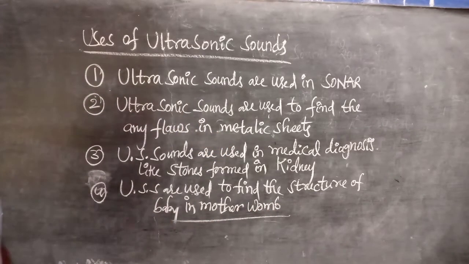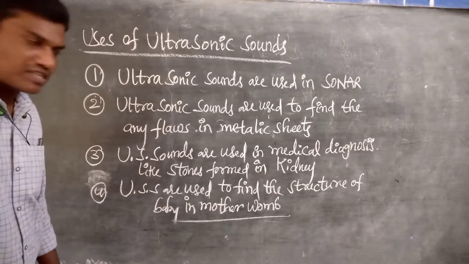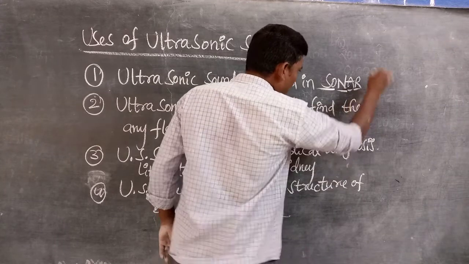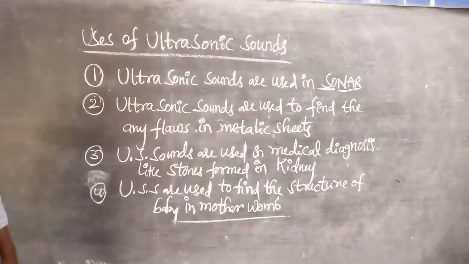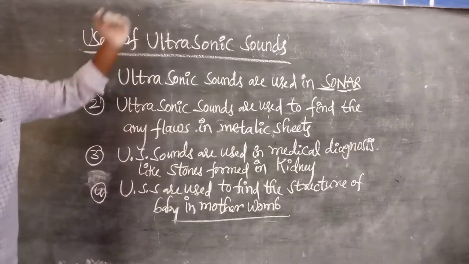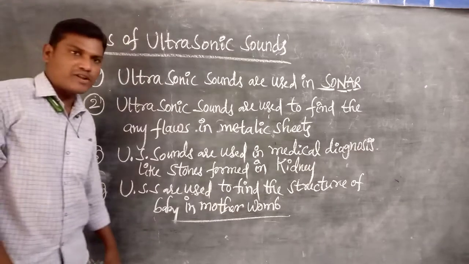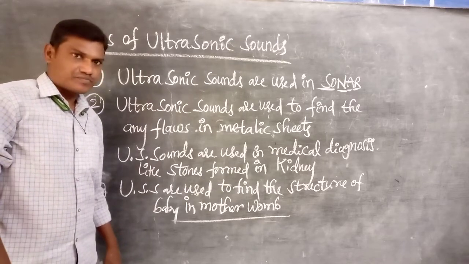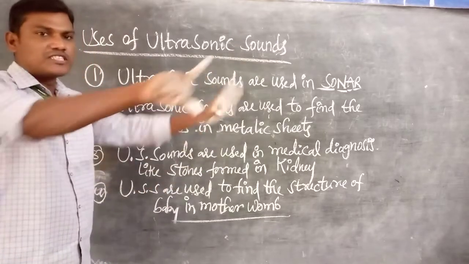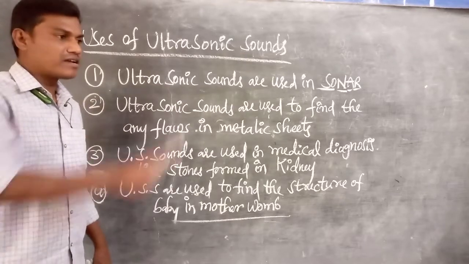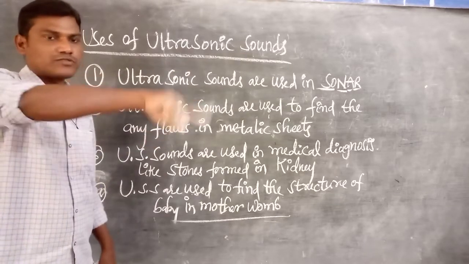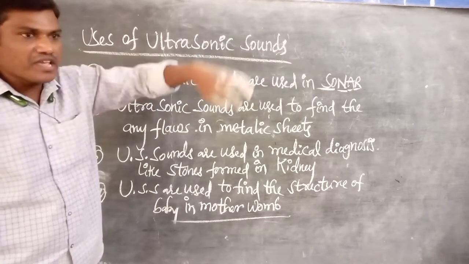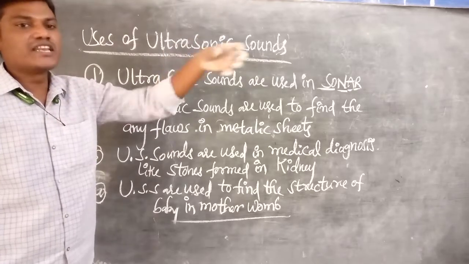So ultrasonic sounds are used in the sonar process. Sonar means sound navigation and ranging, and in the radar process also. They are used in ships and aeroplanes. In ships and aeroplanes, there is a display or monitor. On the monitor, a radar will be moving like this. If any other ships are in the surrounding area, they can easily find them.